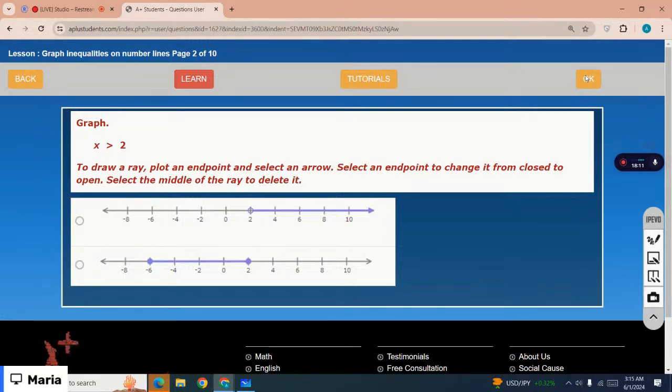So 2 is not the solution because X is not equal to 2. They are any number that is greater than 2, right? So that means you have to start with 2 and point on the right hand side, but on the 2 you have an open circle. Open circle means 2 is not the solution of the inequality, right? The correct option is option number 1.